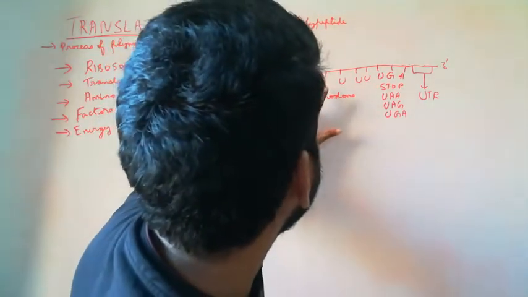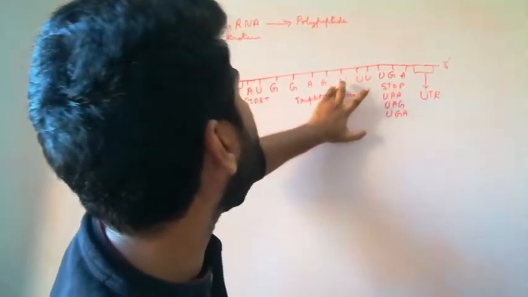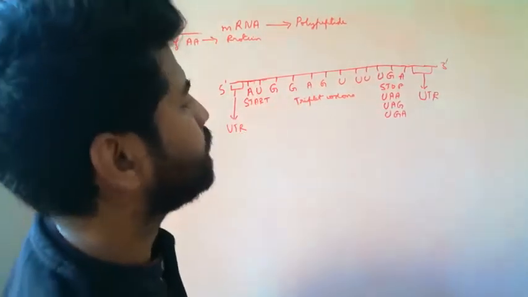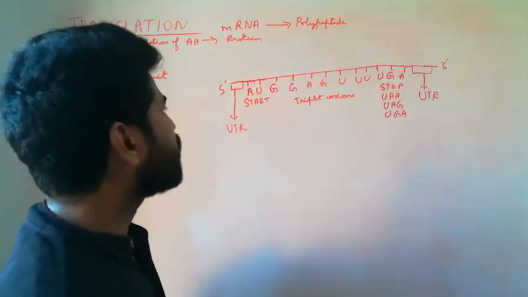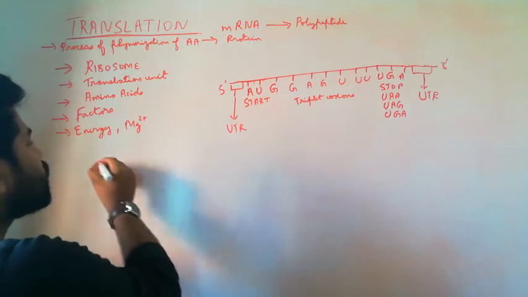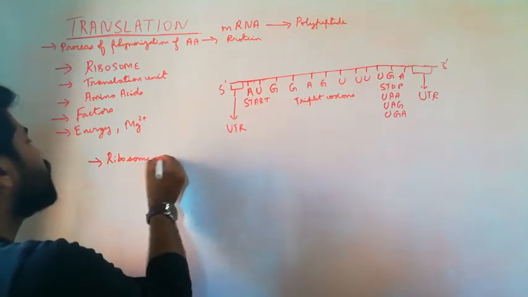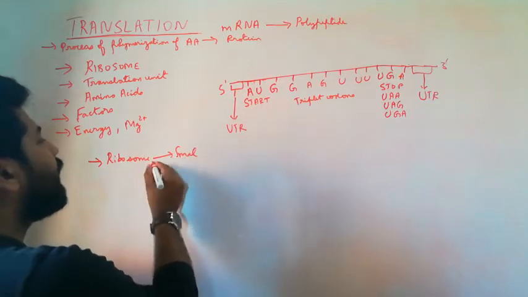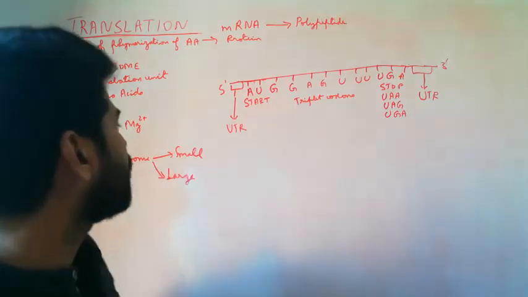So this is the sequence which needs to be read and converted into amino acids. And we need ribosomes. The ribosomes consist of two subunits, a small subunit and a large subunit.